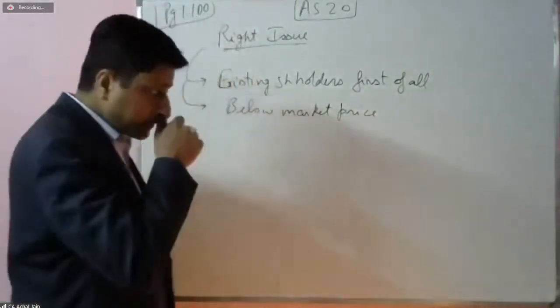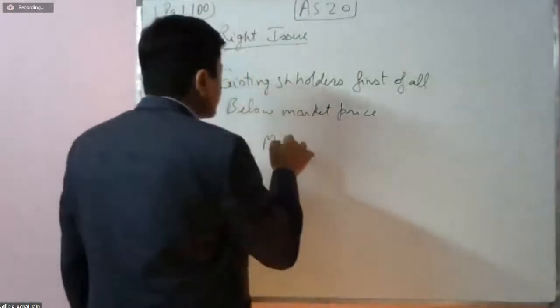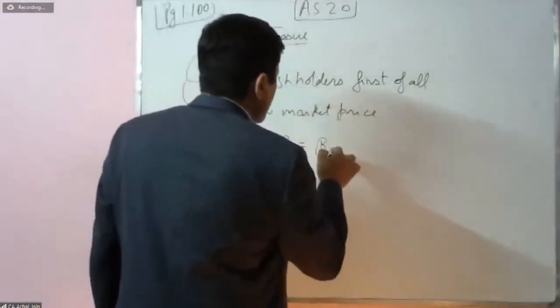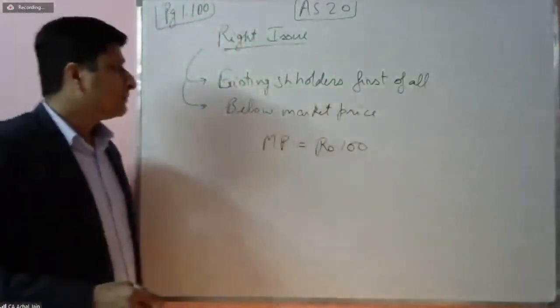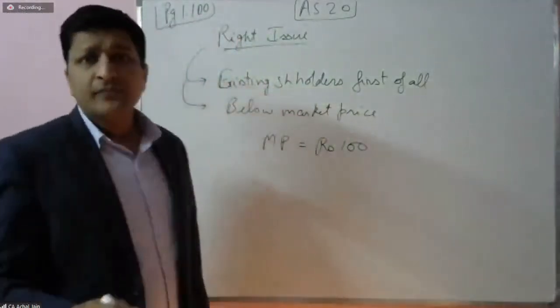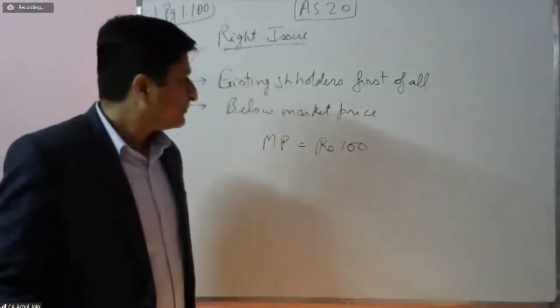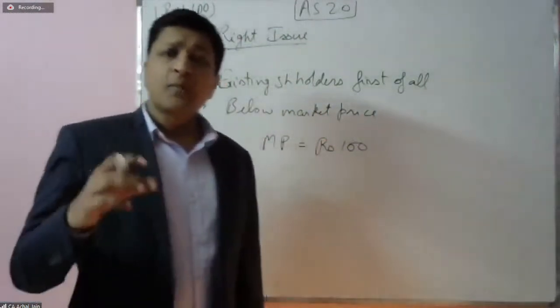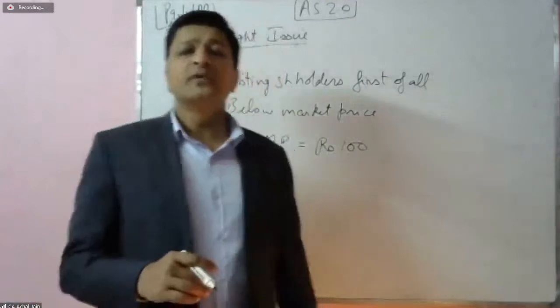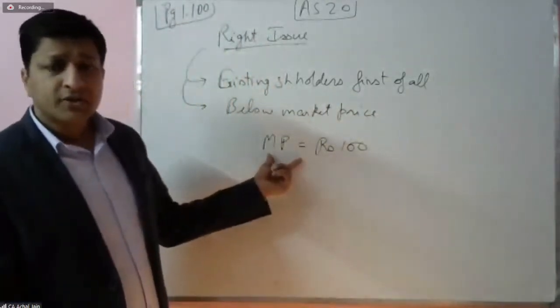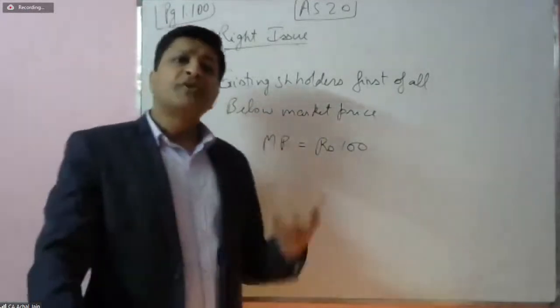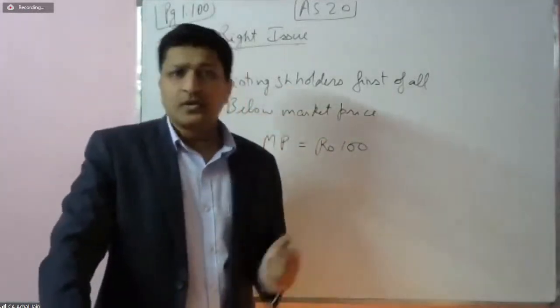Let's suppose market price of the share is rupees 100. And the company has come up with the right issue. Now, if the company wants to come up with the right issue, what should they do? They should reduce the offer price to the existing shareholders.